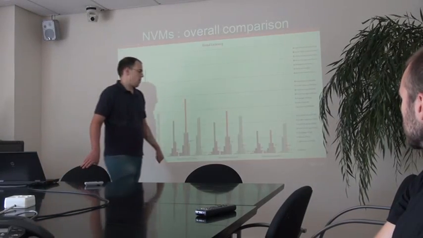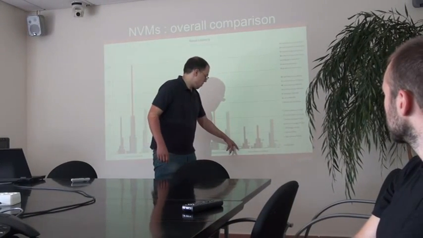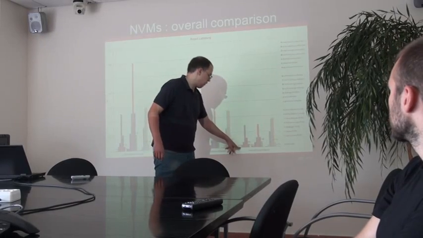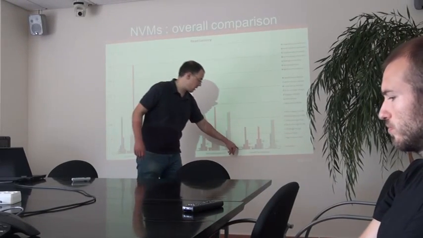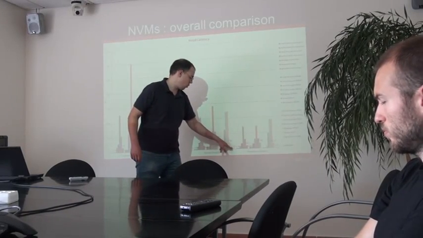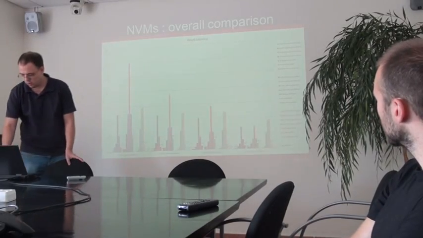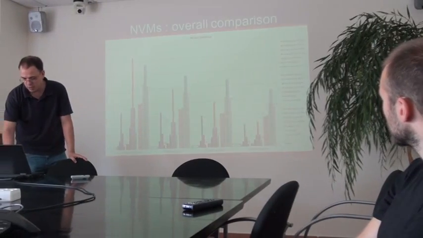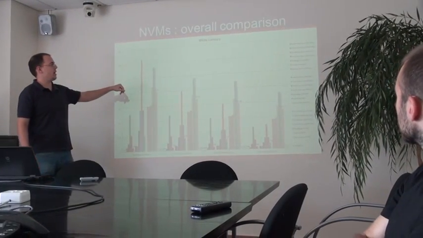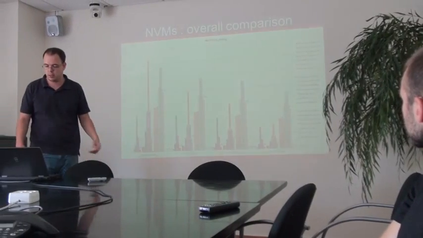But in 25 nanometers, if we optimize, for example, resistive RAM for latency, we are close to the RAM, 223 versus 211. Okay, this is write latency. We see that the phase change memory has the highest write latency because we have to warm up the material, and this takes time.